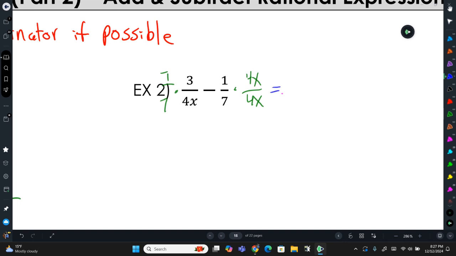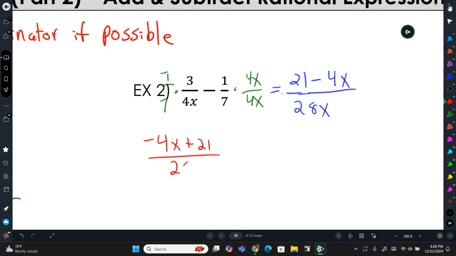This is going to give us 21, since 7 times 3 is 21, minus 4x over 7 times 4x, which is 28x. And then I'm just going to rewrite this to put the leading coefficient up front. So negative 4x plus 21 over 28x.